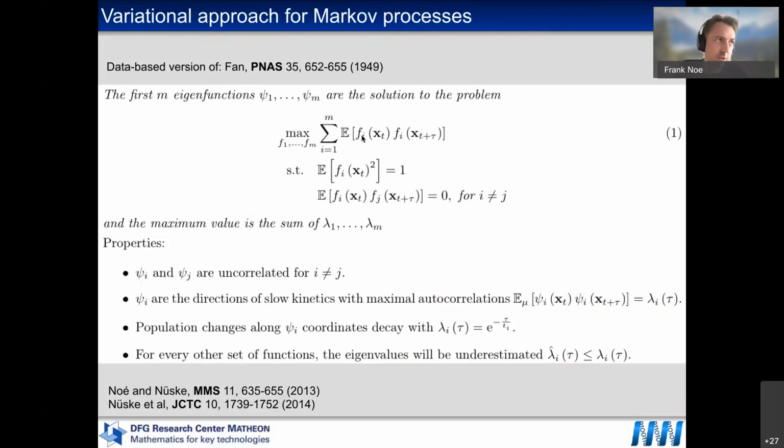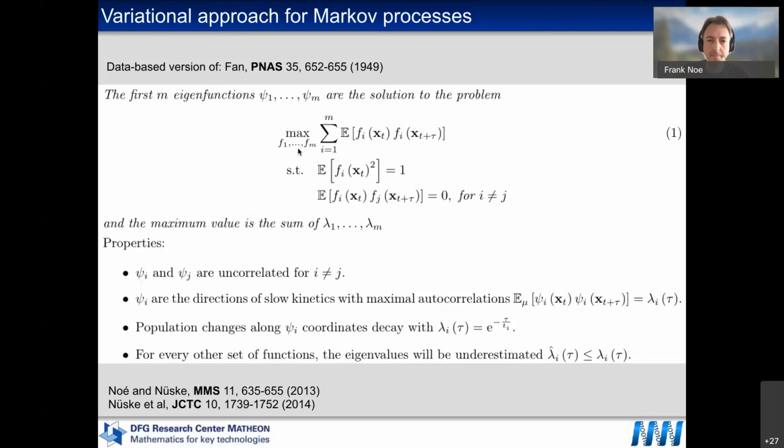And these trial functions could be whatever you can compute from your molecule: distances, contacts, contact indicators, angles, any of this stuff, descriptors. And we just compute them for all the molecular dynamics simulation data we have stored, and we compute time correlations of these descriptors.